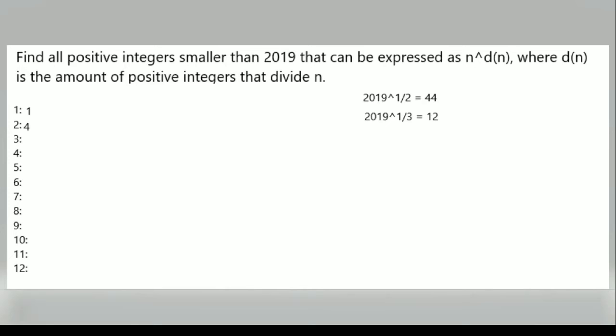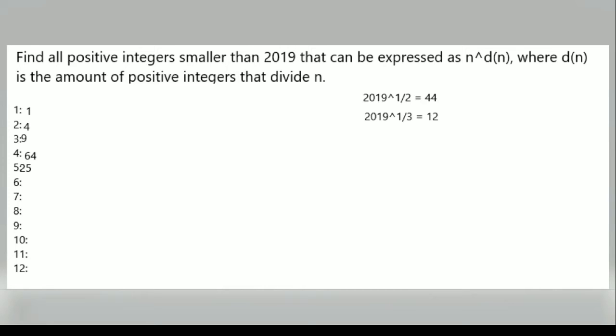With 3, also prime, so we'll just write a 9. And 4 is 2 squared, so it has 3 divisors, which means it's 4 to the power of 3, and that is 64. Now 5 is also a prime number, so it's 25.